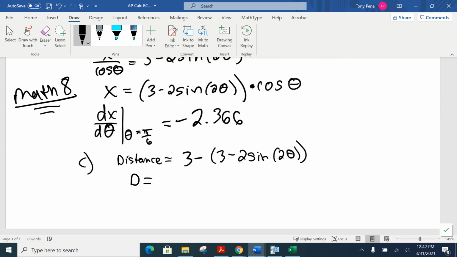I'm going to simplify that a little bit. So D equals, if I distribute that negative, notice how the 3's would cancel. And then I would get a negative, -2. So it actually simplifies nicely to just be 2 sine of 2 theta.